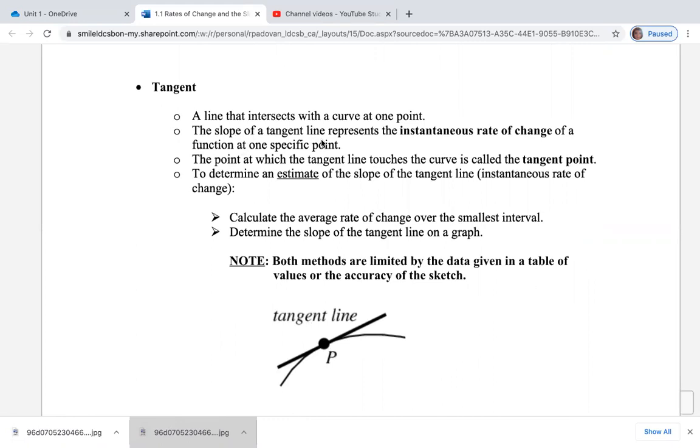The slope of the tangent line represents the instantaneous rate of change, which we will call IROC for short, of a function at 1 specific point. The point at which the tangent line touches the curve is called the tangent point. So this point right here, this P, is the tangent point.